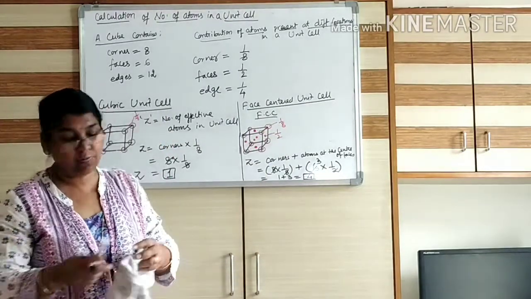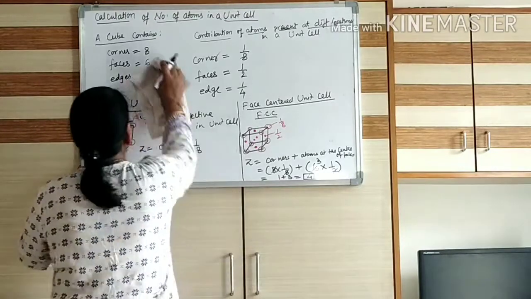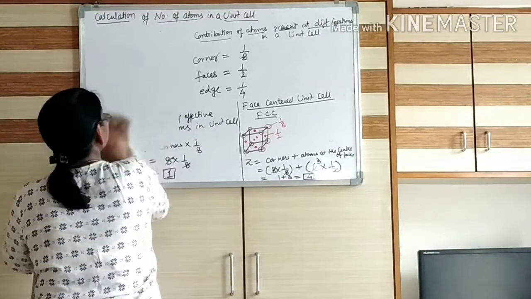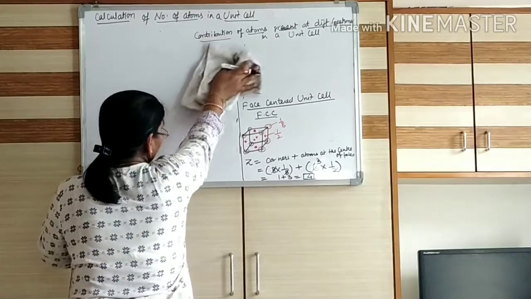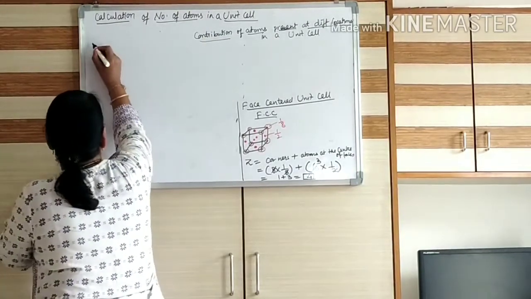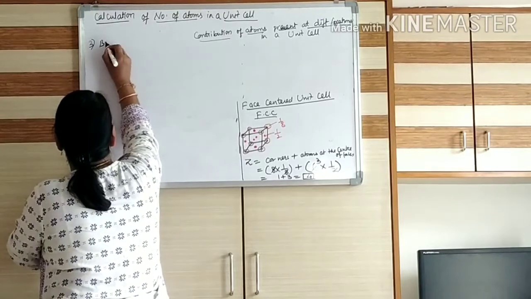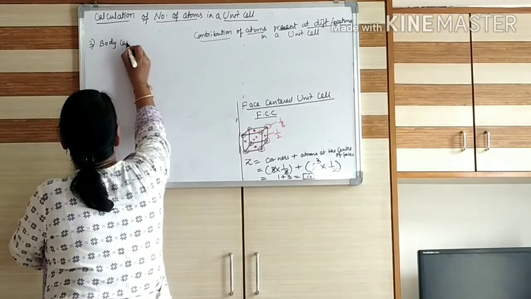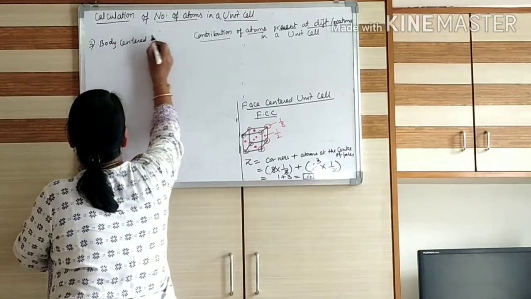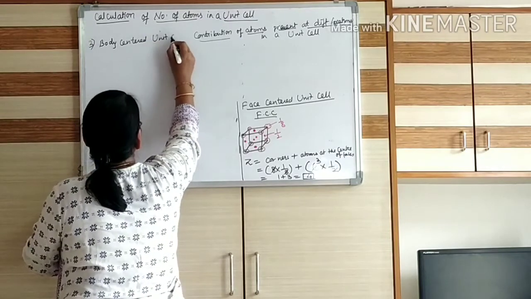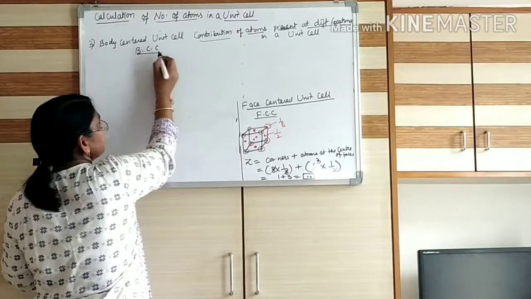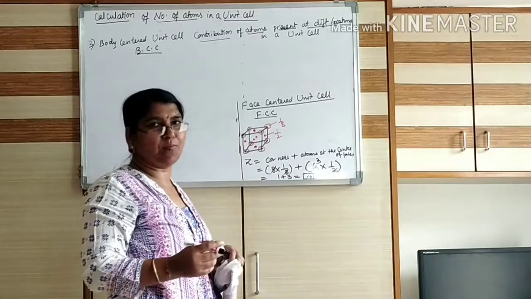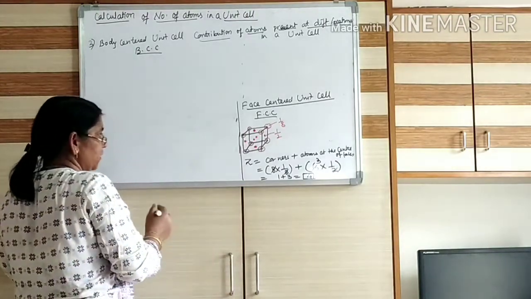Now we are coming to the next, that is body centered unit cell. It is also called BCC. Body centered unit cell में how many atoms are there? Effective atoms.